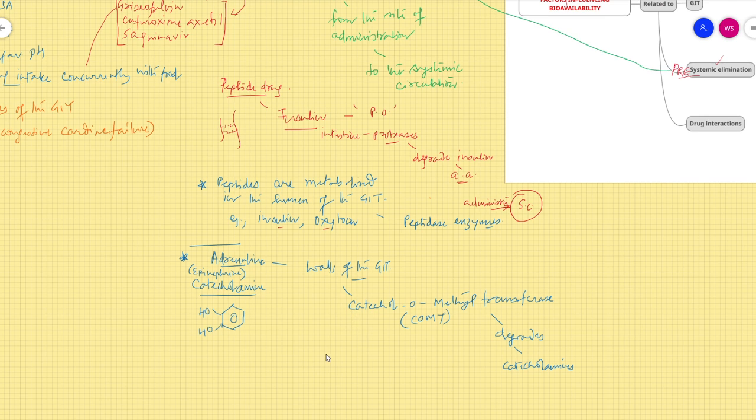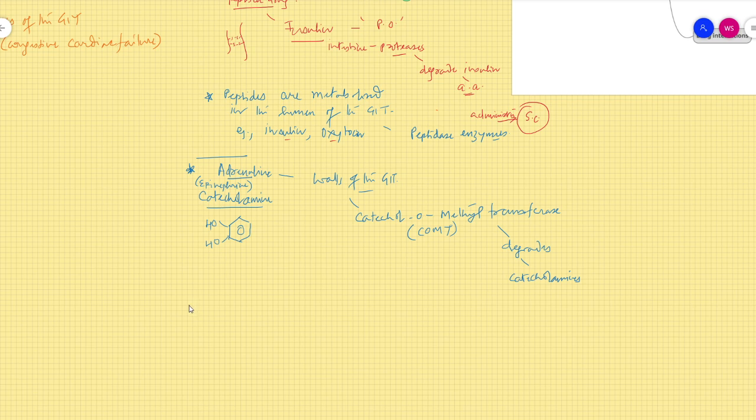Now, the point to remember here is that whenever a drug is given, let's draw it like that, roughly representing the stomach and the intestine. If a drug is absorbed, it will be absorbed into the blood vessels or the lymphatic system, and then these blood vessels usually take it to the liver.